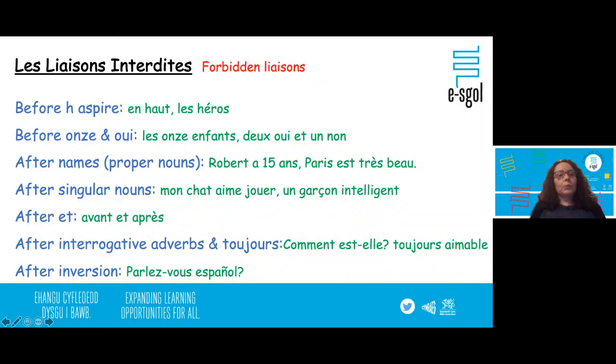Before onze and oui, after proper names, Robert and Paris, we don't liaise those last letters. After singular nouns, after et, after interrogative adverbs and toujours, so that's question words basically, and after inversion. So if you inverted parlez-vous espagnol, you don't liaise the S there.